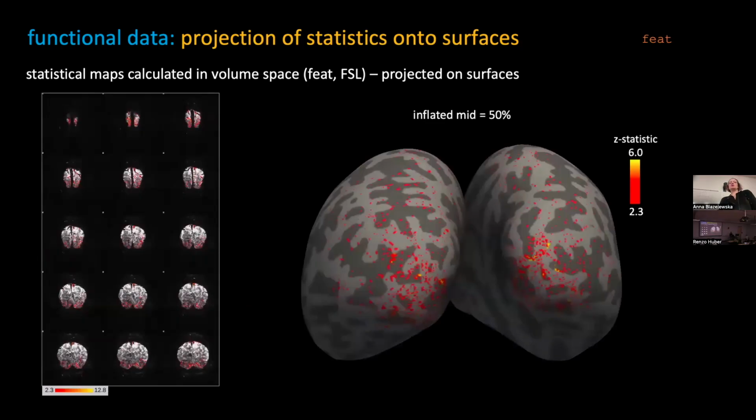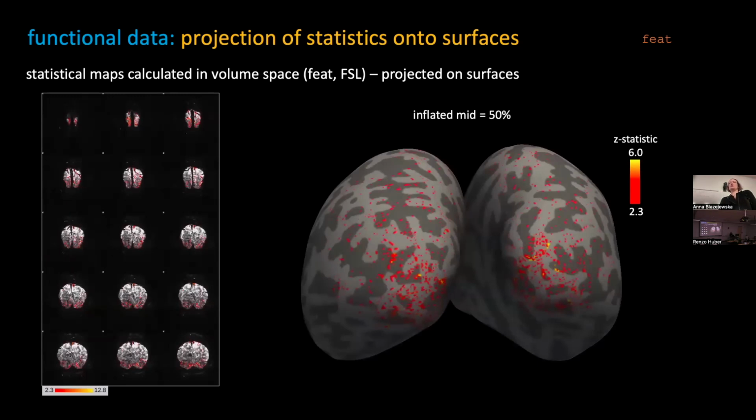And this is how this activation measured at the mid depth would look on the inflated surfaces. So what I'm doing here, I'm looking at the mid depths, but I'm projecting on the inflated surfaces. Again, the topological correspondence allows me to do it. And this is activation from one run.